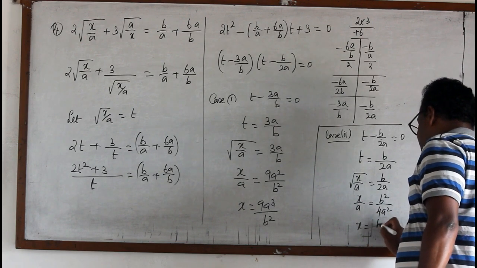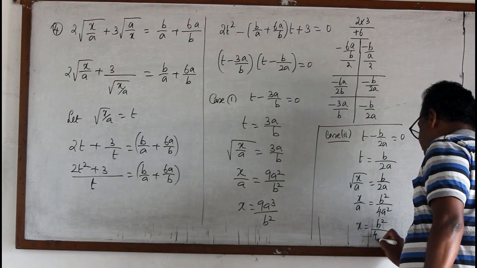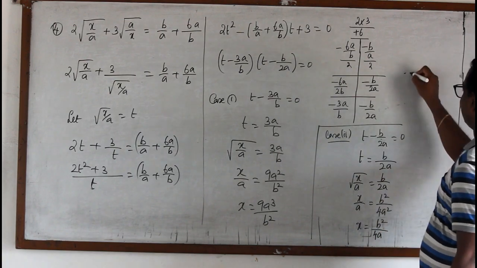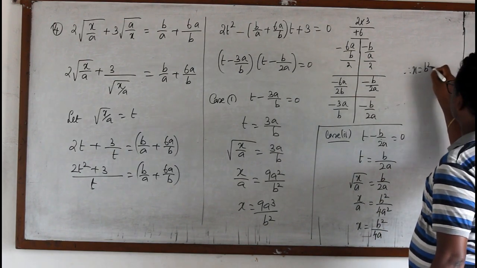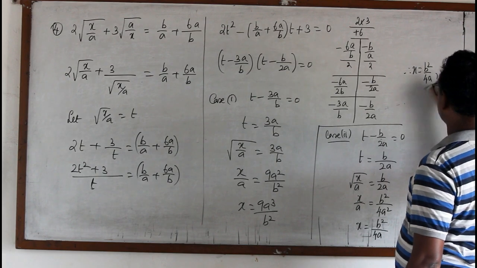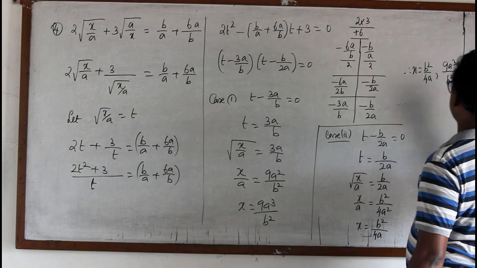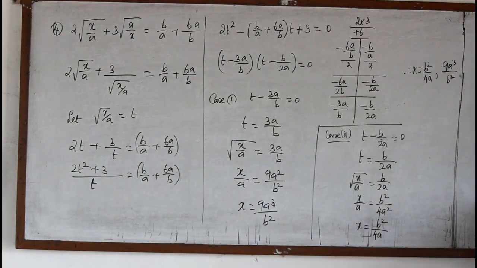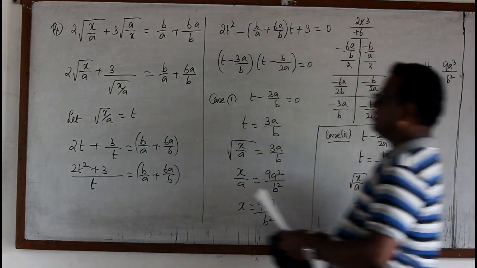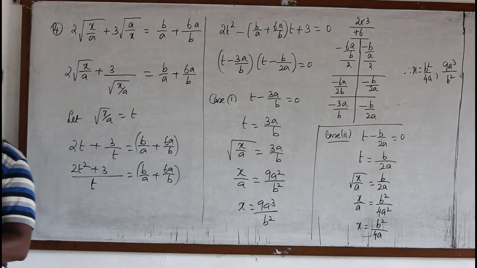Therefore, x equal to b square by 4a. Therefore, x equal to b square by 4a, 9a cube by b square. So these are the values of x. And then the fourth problem is over.